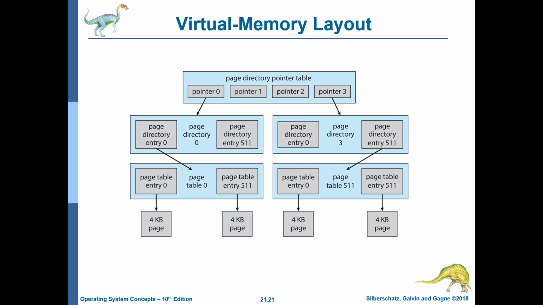For 32-bit addressing, it will be a two-level page table. For 64-bit addressing, it will be a multi-level page table. As you can see, there are three levels over here. A page directory points to a second level page table, which points to a third level, and finally that points to a page.